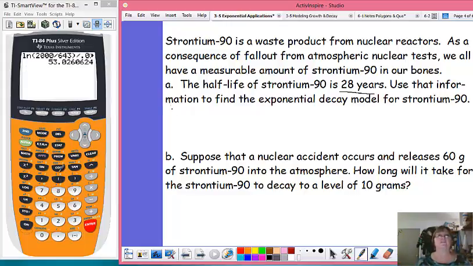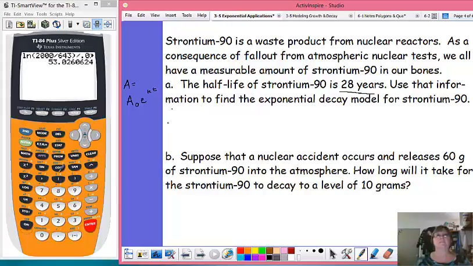I just want to remind you again, the growth model that we're using says starting amount times e raised to the kt power. And in this problem, we know the t is 28, and that 28 years is what it takes for an original amount to be half as much. So if you think about the original amount as all, as in 100%, what we want is 50% of it left.